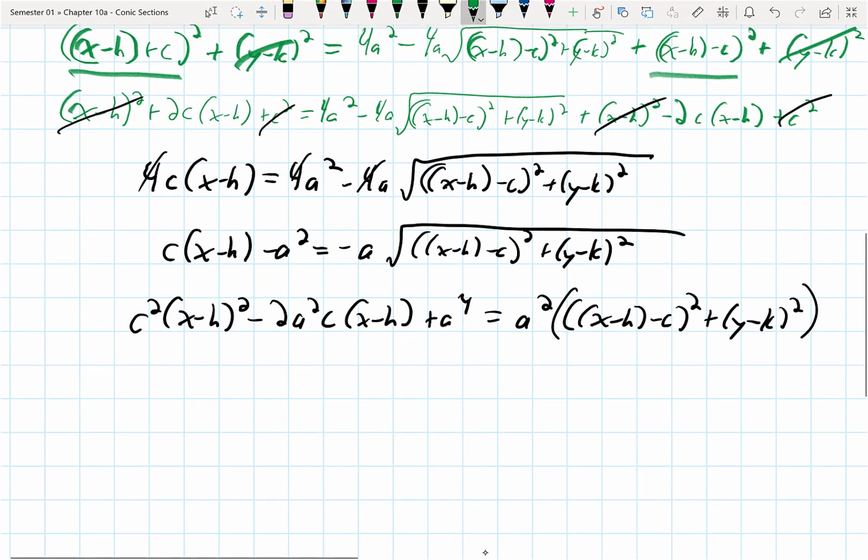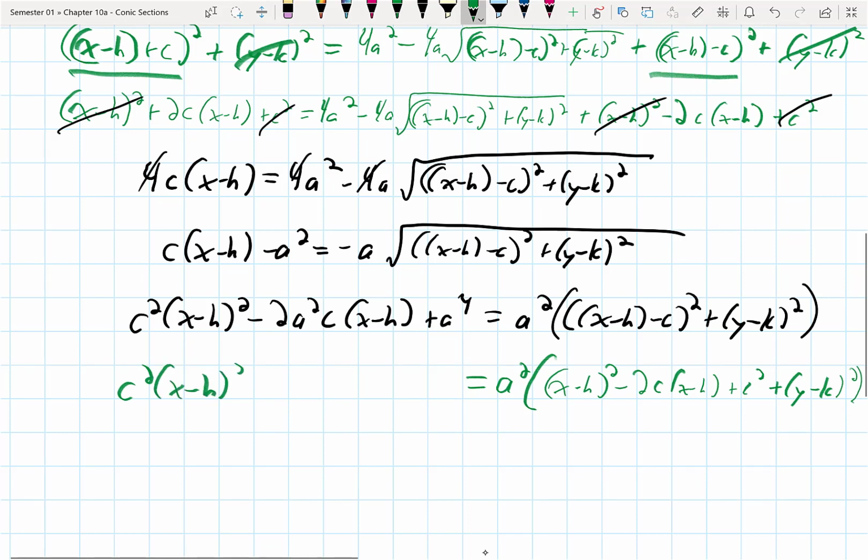We're going to multiply all of this in, and I'm going to multiply this out, which I have not been doing yet. So on the right side, let's keep the a squared, x minus h squared minus 2c times x minus h plus c squared plus y minus k squared. Left side, I still have all this: c squared times x minus h squared minus 2a squared c times x minus h plus a to the 4th.